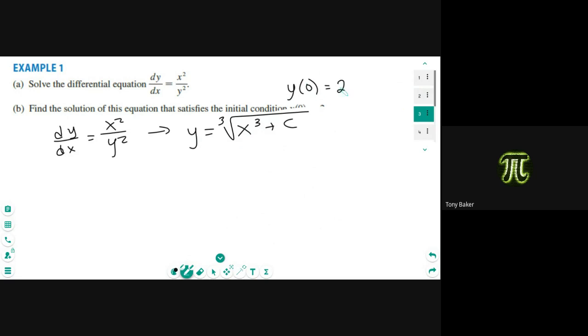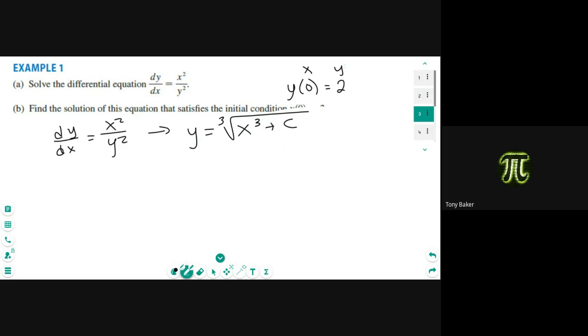That equals 2. Before, I couldn't do that. You could actually put something in and erase it, which has its benefits and drawbacks. This was one of the drawbacks. All right, so y of 0 equals 2. So what is my x value? That's x, and that would be y.